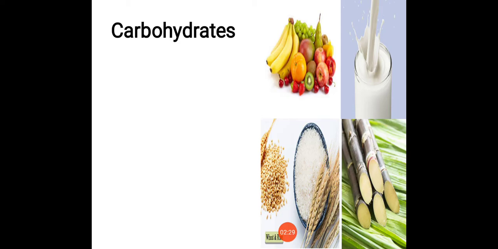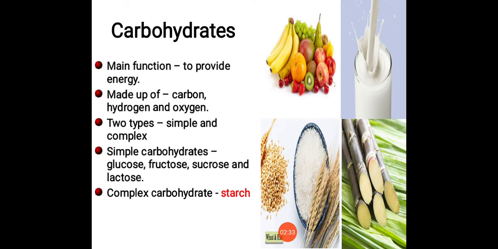We'll see the first nutrient, carbohydrates. The main function of carbohydrates is to provide energy. Carbohydrates are made up of carbon, hydrogen and oxygen. They are of 2 types, simple and complex. For example, simple carbohydrates are glucose, sucrose, fructose and lactose.